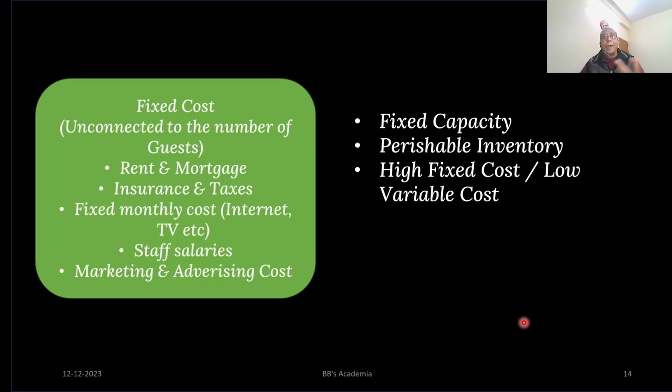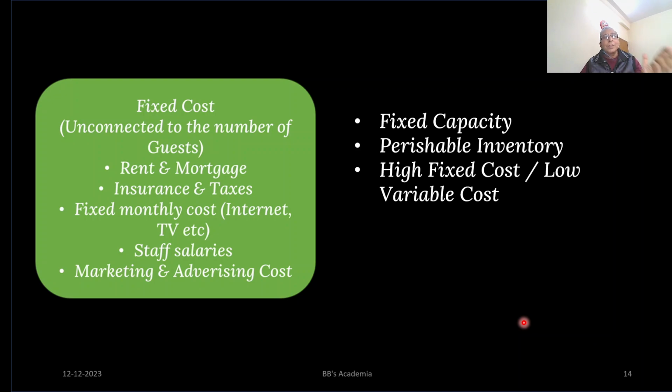Naturally, that is your fixed cost; every month you are paying something on that. Then insurance and taxes: your building insurance and many other insurances, and taxes. Whether your guest is staying in a room or not, you have to pay this insurance and taxes on a monthly basis.